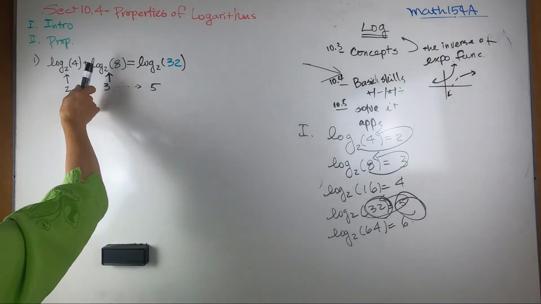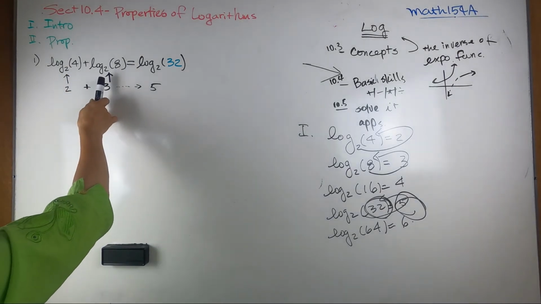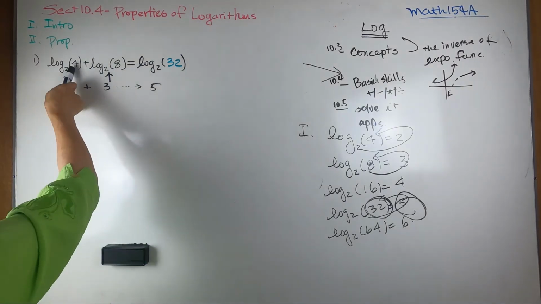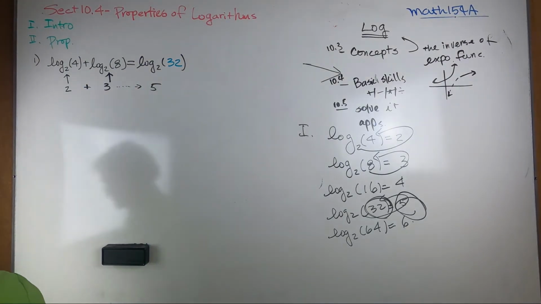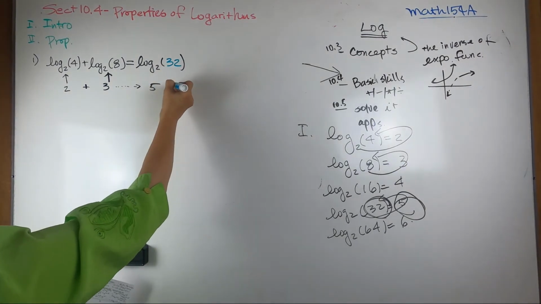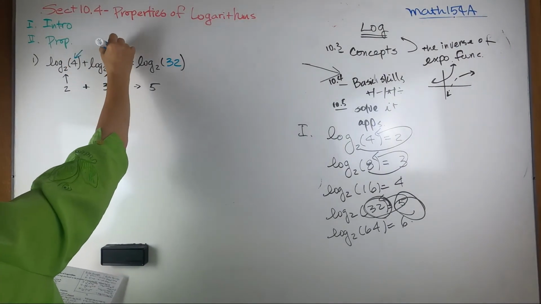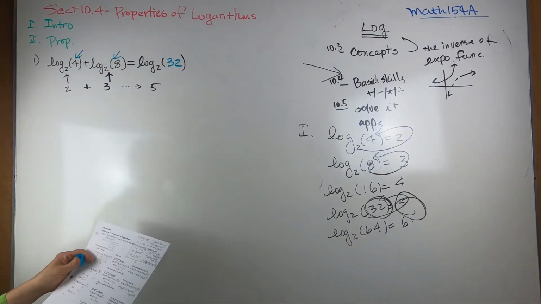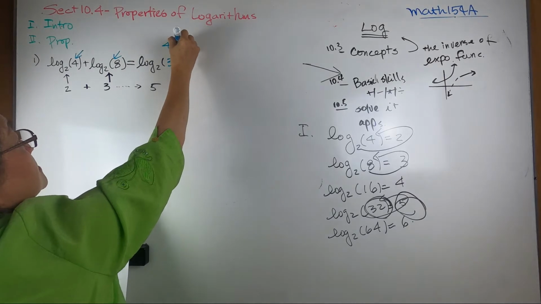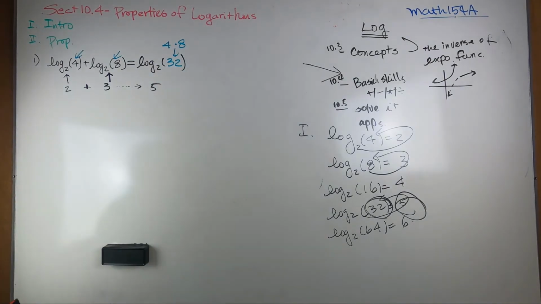So when we add the two logs with the same base, it ends up this way. But from the original 4 and 8, do you have any idea how you can make a 32? 32 would be 4 times 8. Is that right?